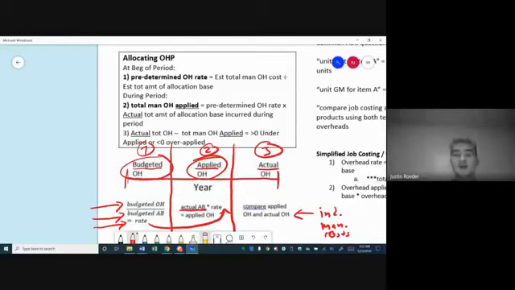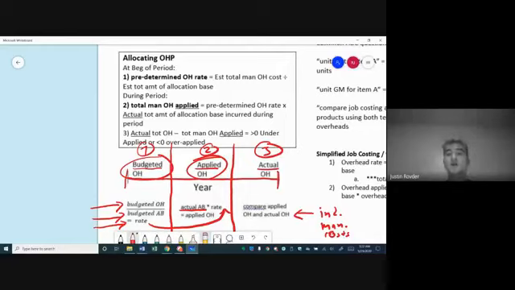Now, one thing to note is the reason you don't want to use budgeted overhead is because budgeted overhead doesn't really have any fiscal power. Budgeted overhead is just an estimation of what you think you're going to use throughout the year, whereas the applied overhead is the actual amount of money you set aside throughout the period for overhead, thinking that you're using.